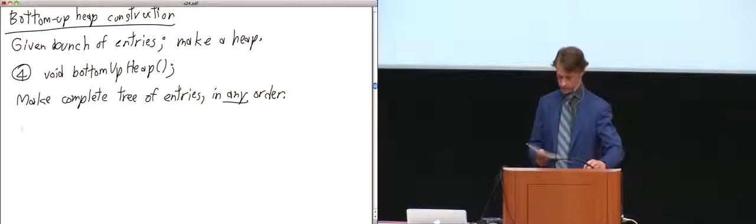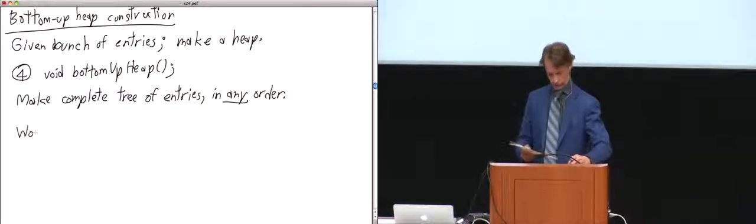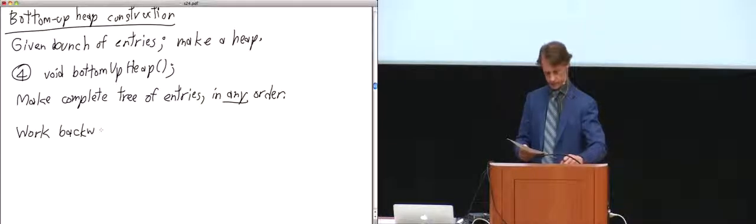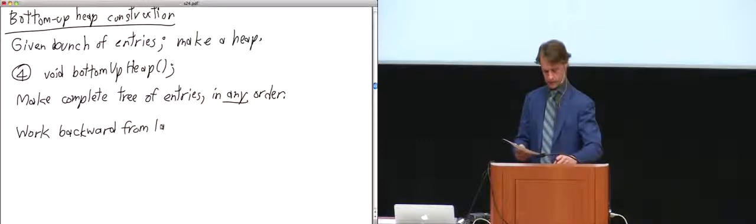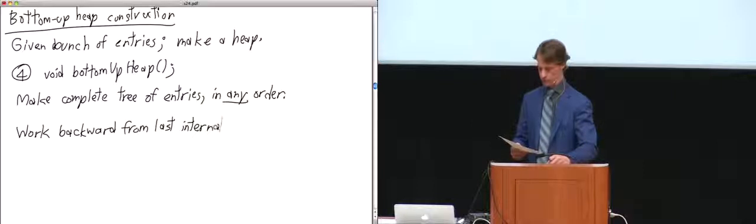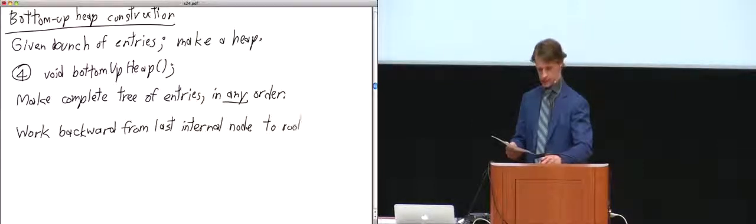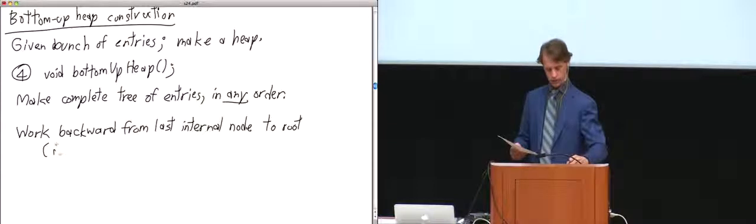Well, the algorithm is this. You work backward through all of the internal nodes. Remember, internal nodes are the non-leaf nodes. So you go from the last internal node in the level numbering to the root, and that means reverse order in the array.